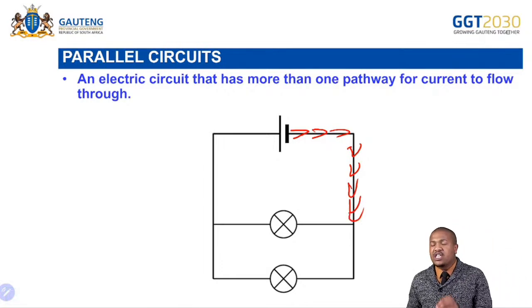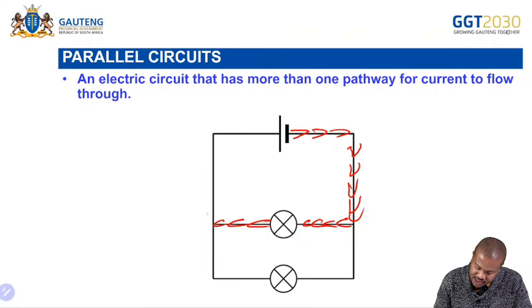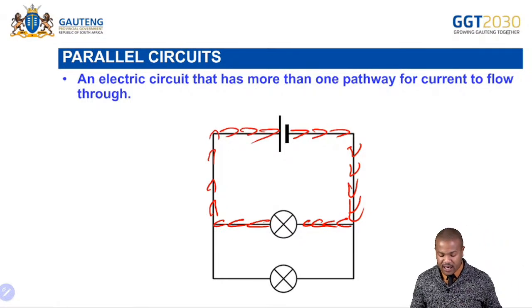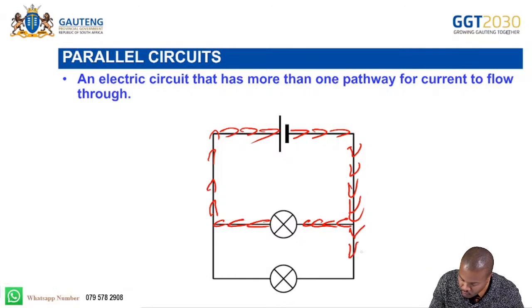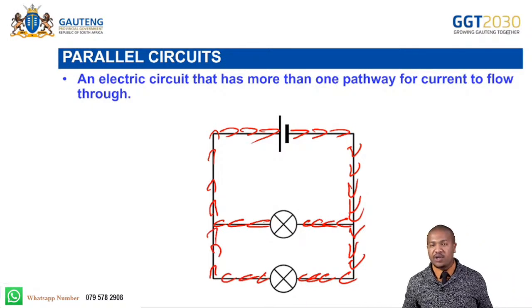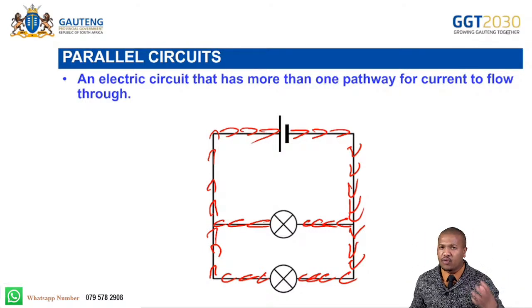When it reaches this point, it can branch to this side, going through the whole circuit, and also it can move to this direction, making these two light bulbs to be lit. Are we together? So it has more than one pathway for current to flow.